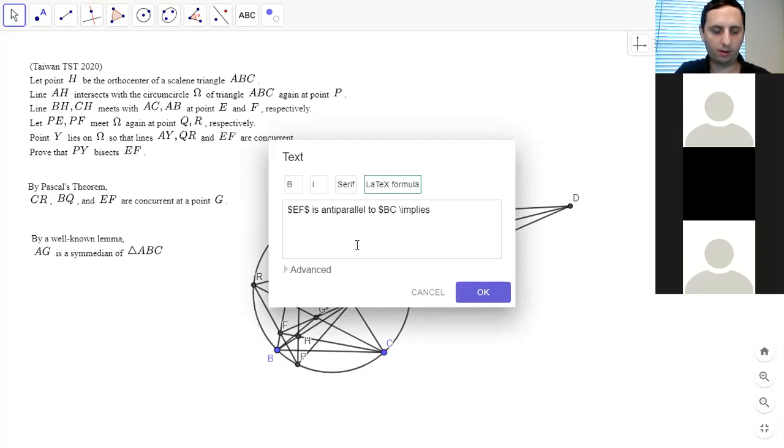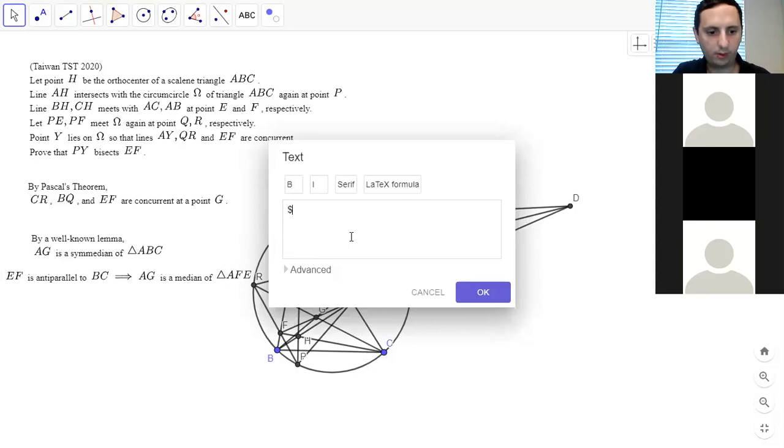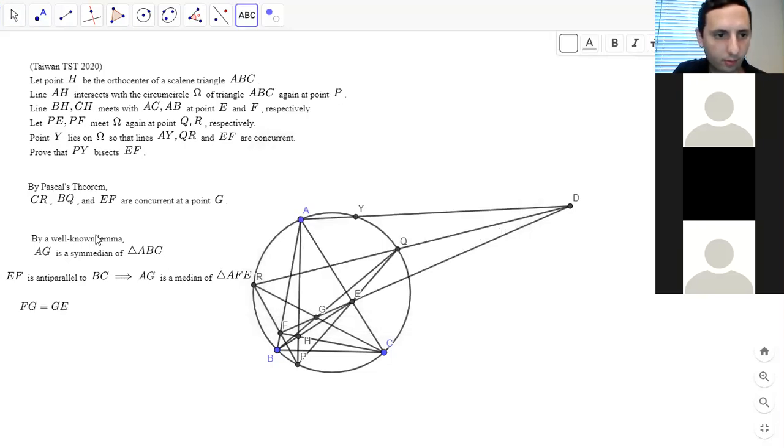This implies AG is a median of triangle AFE, and so that means FG is equal to GE. Okay, and then you said one more Pascal will finish the problem.